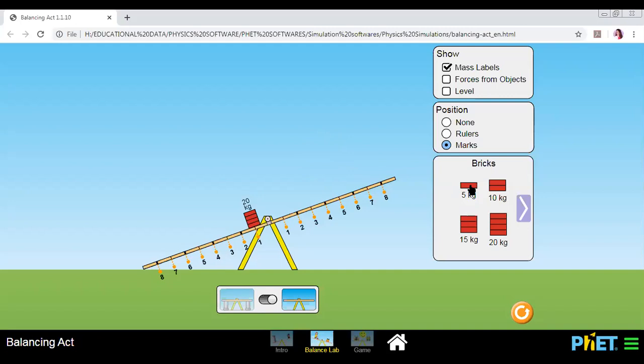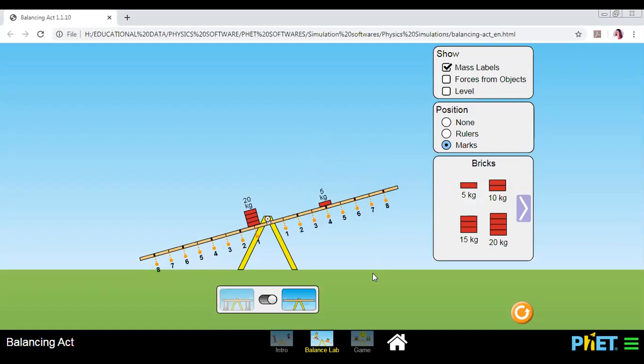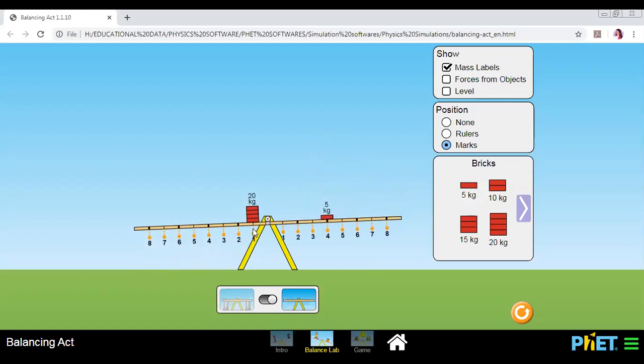So my 5 kg is the effort. I place 5 kg at this end, and you observe that the 20 kg is being lifted by this 5 kg. So this is my simple lever.